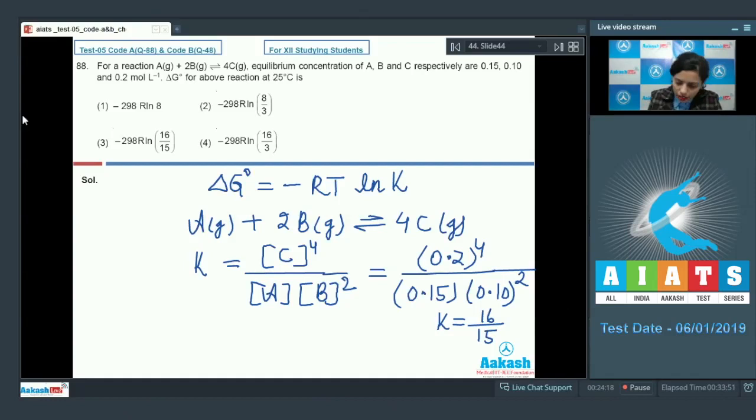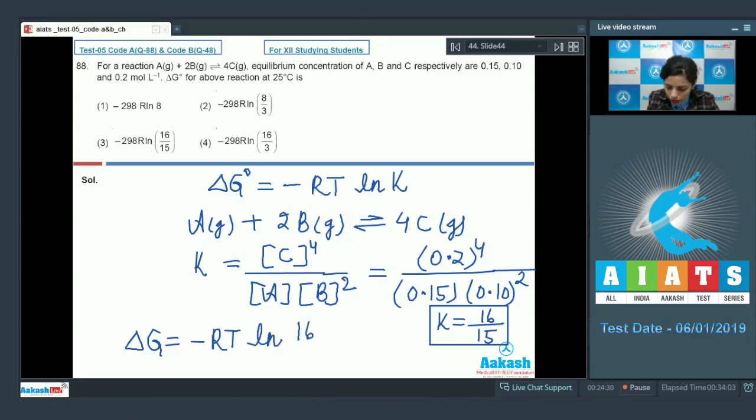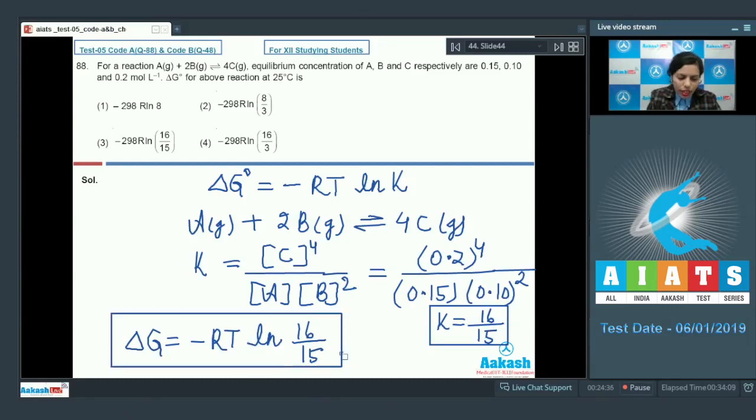This is the K value, the desired value. Now after this, we just want to find out this delta G value. Delta G value is equal to minus RT ln 16 by 15. This is the final answer, the final value of delta G as per this question.